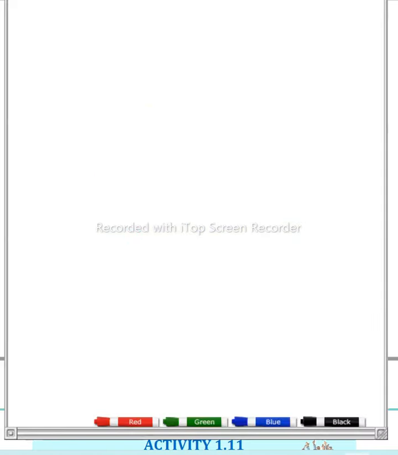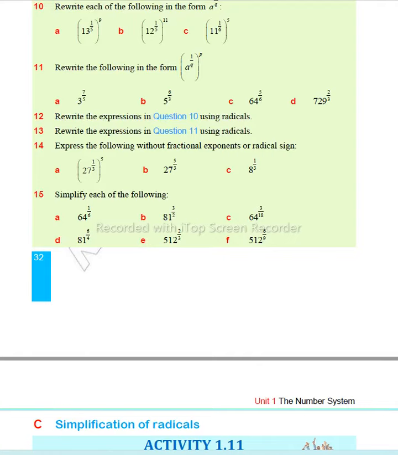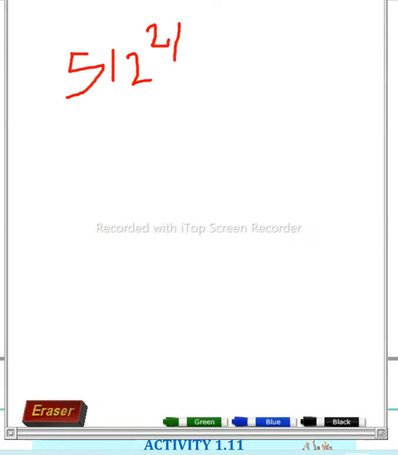So we can do this also. 512 to the power of 2 over 3. 512 means 8 to the power of 3. As we know, 512 means 8 to the power of 3.